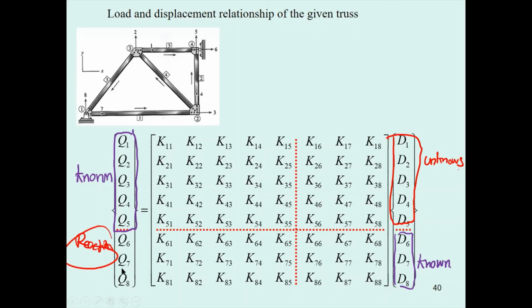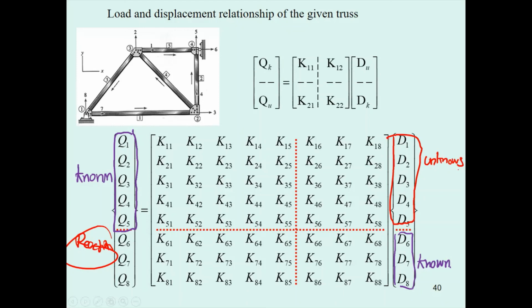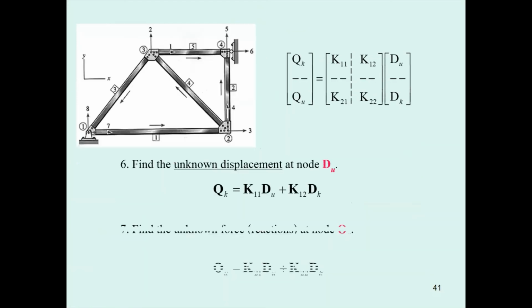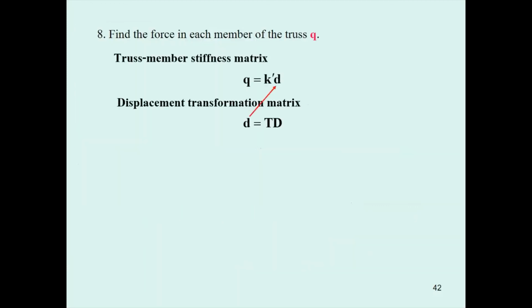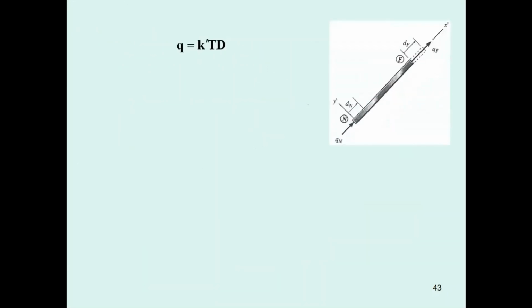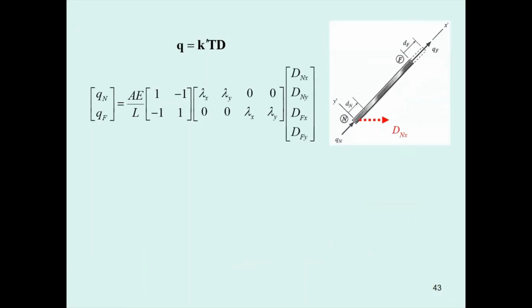It's also an unknown. Then you get this form, and then you do the computation as you're supposed to. And then you find the internal force. Just put this one into this one, and you get the equation in the form like this.